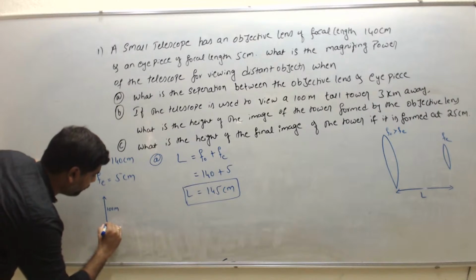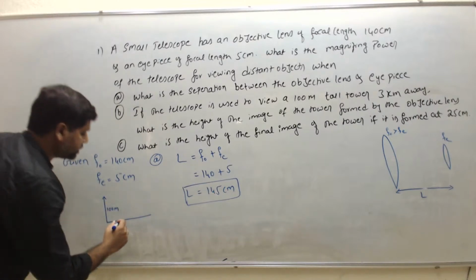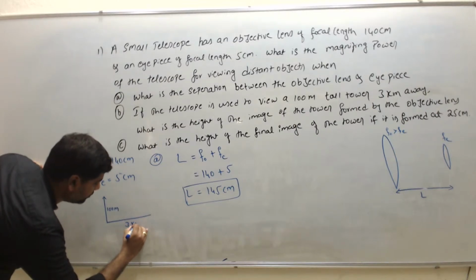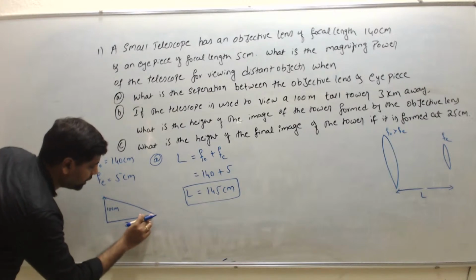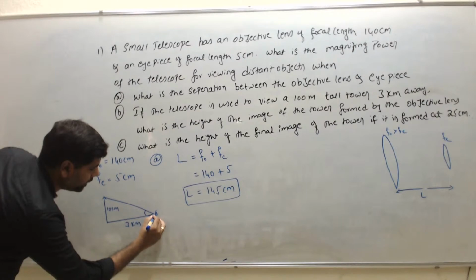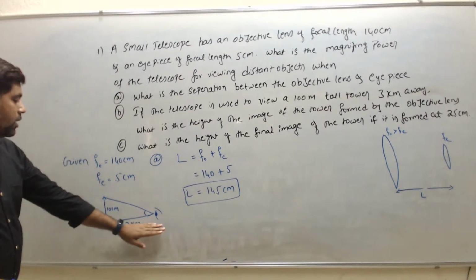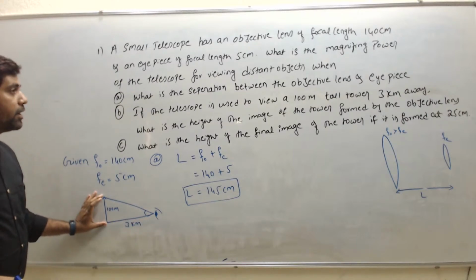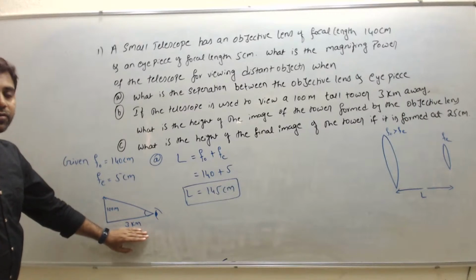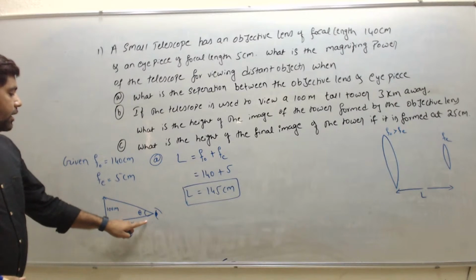It is at a distance of 3 kilometer. If we are observing from here, here is the observer. From the observer, the height of the tower is 100 meter and it is at a distance of 3 kilometer. Then here the angle is theta.